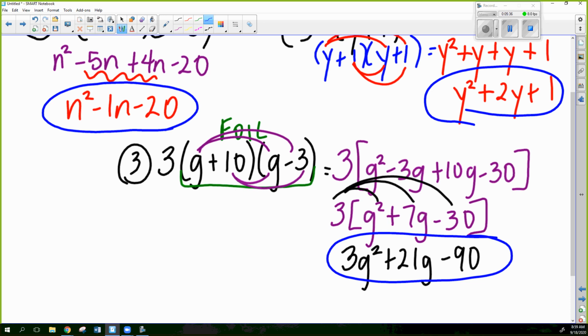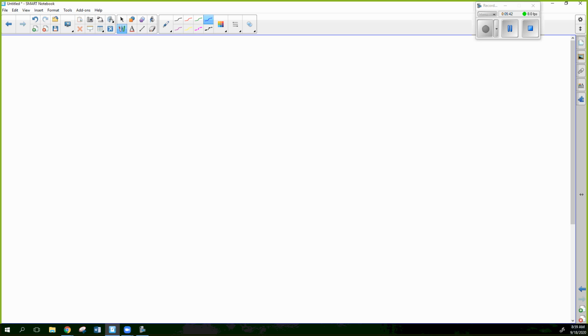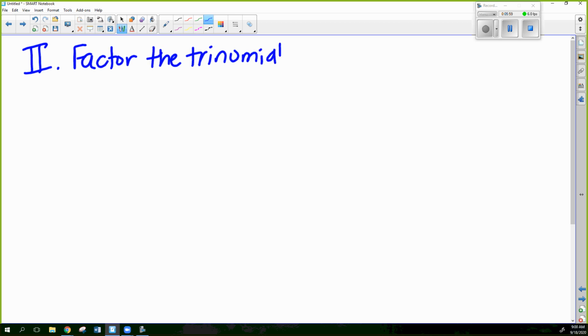Yeah, you just multiply them back together and make sure you got what you started with. All right, so we're going to call this part 2, and you're going to factor the trinomials in the form, all right?